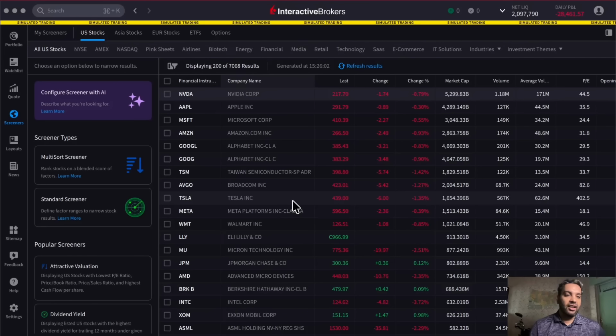And I feel if you haven't used this tool, it's your time to really use it. There are so many amazing things. So, first, let me break down what the top section is. Obviously, the section over here is self-explanatory.